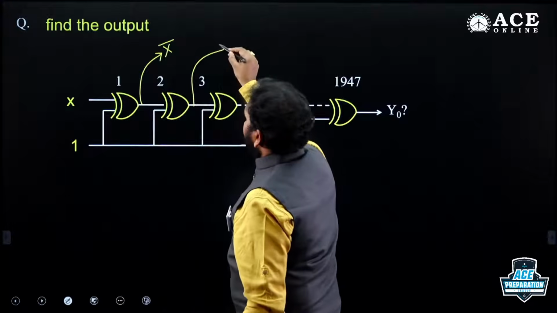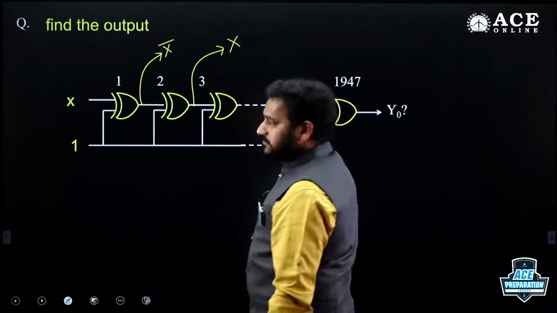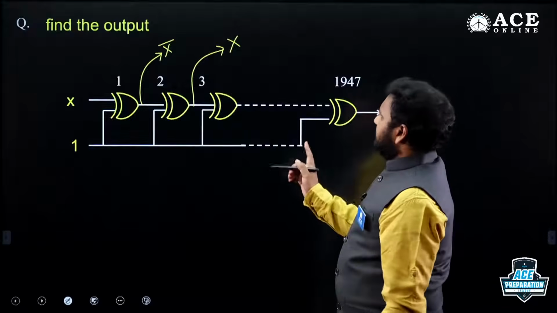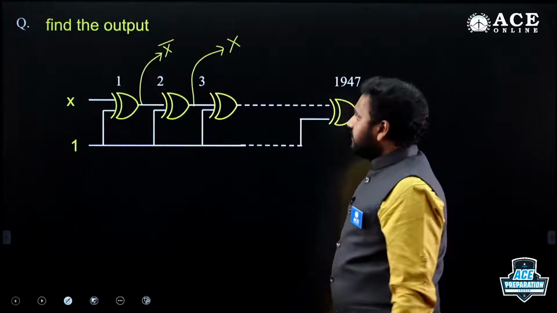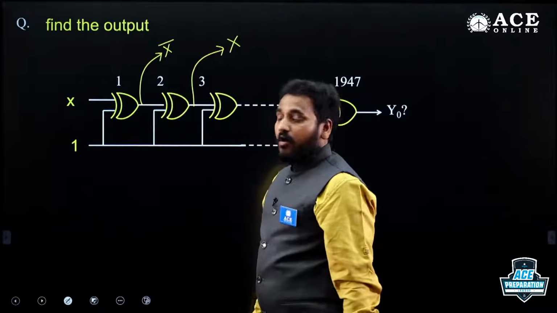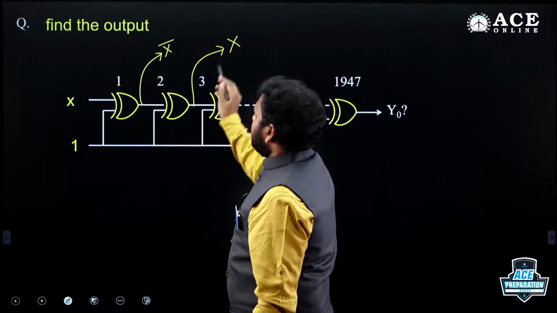What is the output of the second one? Complement of input. X bar complement is what? X. Sir, do I want to write till 1947 number of gates? No need. After an odd number of gates in this series, the output is X bar, and after an even number of gates, the output is X.